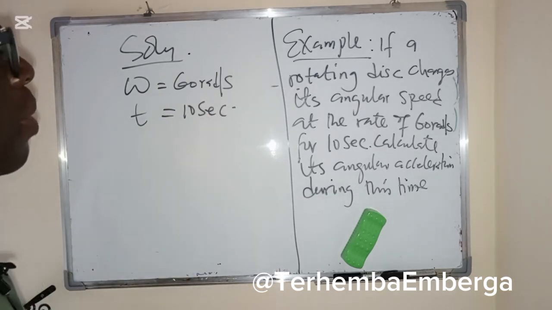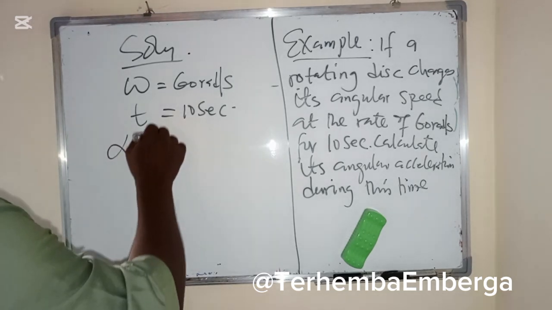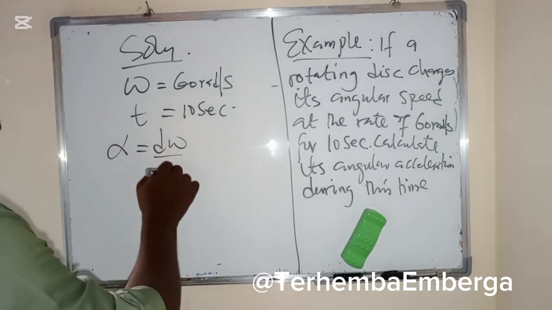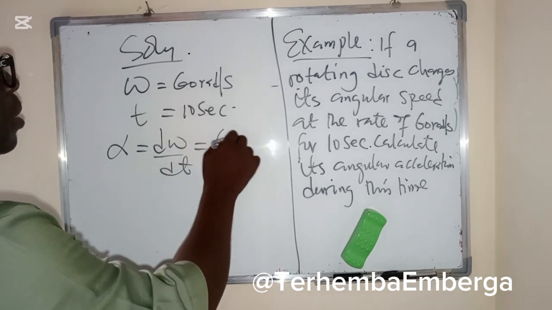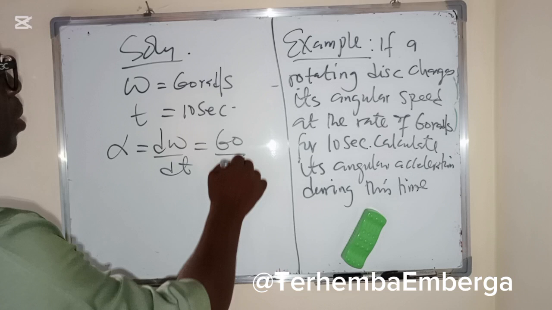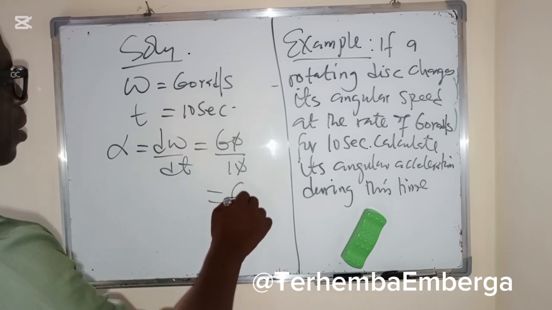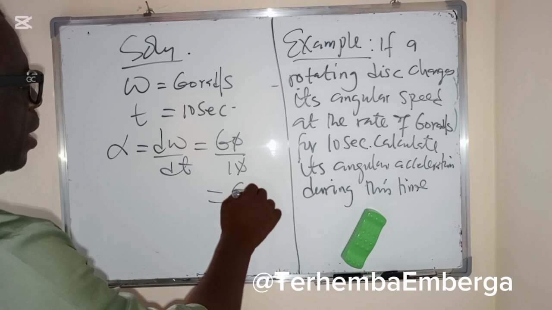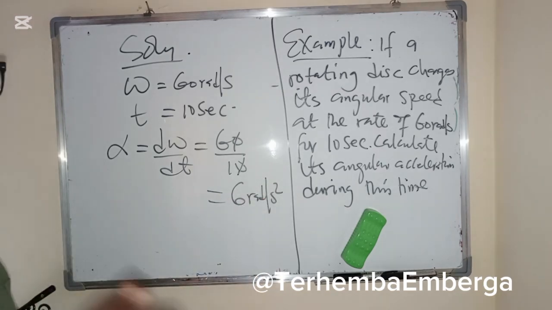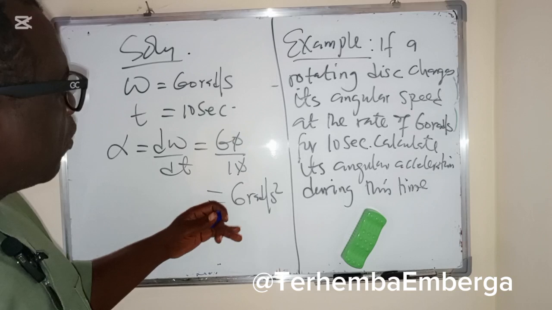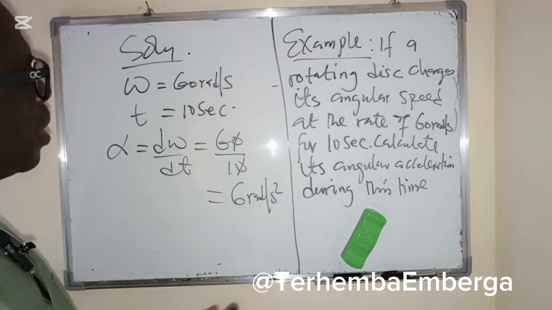And we're asked to calculate the angular acceleration, which is given as d omega over dt, which is equal to 60 all over 10, which is equal to 6 radians per second square. Remember, the unit of angular acceleration is radians per second square.